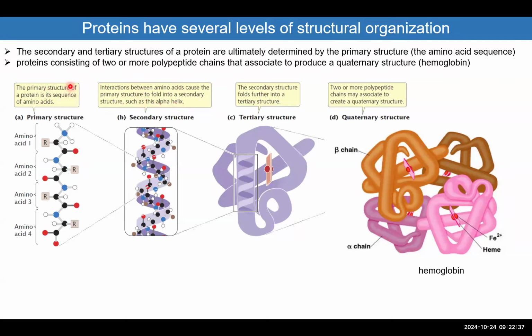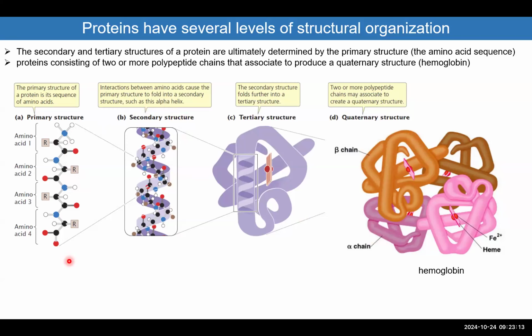Now, the proteins which consist of more than one polypeptide could have the quaternary structure. So this is something you have to know, that the primary structure and the secondary structure and the tertiary structure are mainly through the sequence of the amino acids, while the quaternary structure, it means that you have more than one peptide.